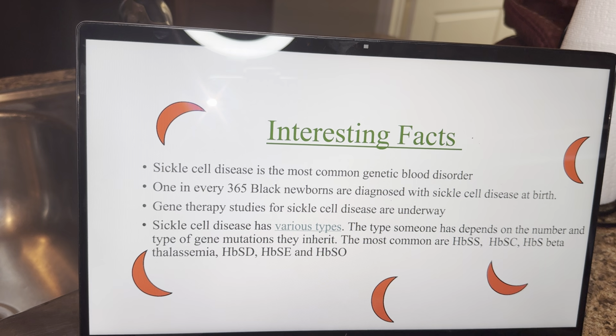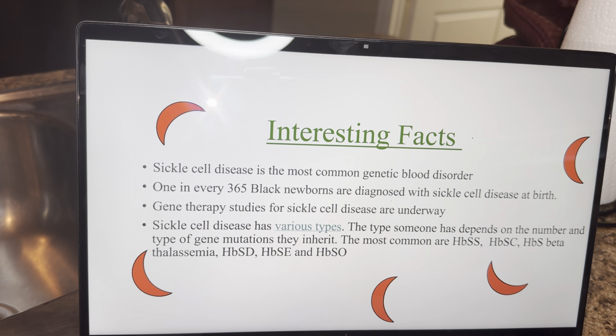So I wanted to add some interesting facts about sickle cell. Sickle cell disease is actually the most common genetic blood disorder. Another interesting fact, 1 in every 365 Black newborns are diagnosed with sickle cell disease at birth. And as you can see, that's a pretty large amount of Black newborns who are diagnosed with this.